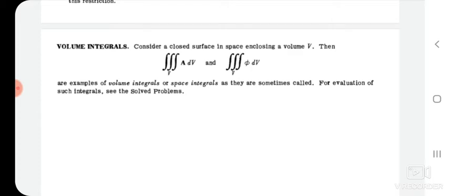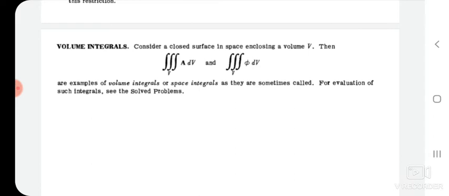So I consider a closed surface in space enclosing a volume V, then the integration of A dV, and in triple integration, phi dV. Integration of a vector A over a closed volume V are examples of volume integral, or space integral, as they are sometimes called.